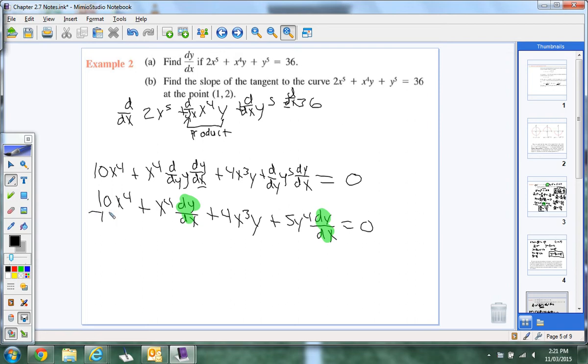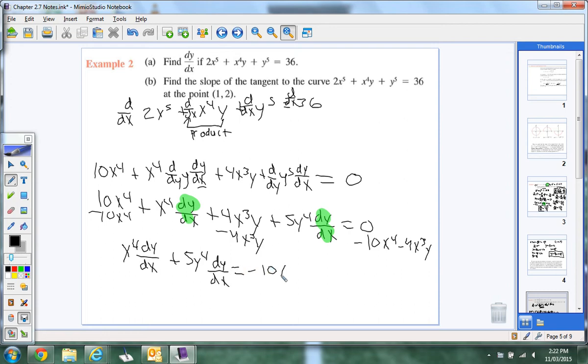So we're going to move this, and we're going to move this, because they do not have dy dx's. Okay, so now we have x to the 4th dy dx plus 5y to the 4th dy dx equals the two things we moved over. They're both negative now.